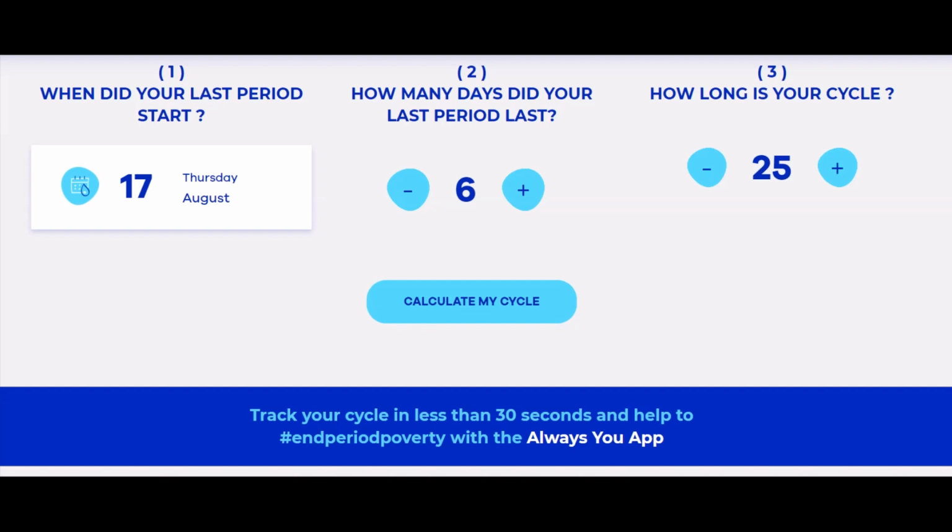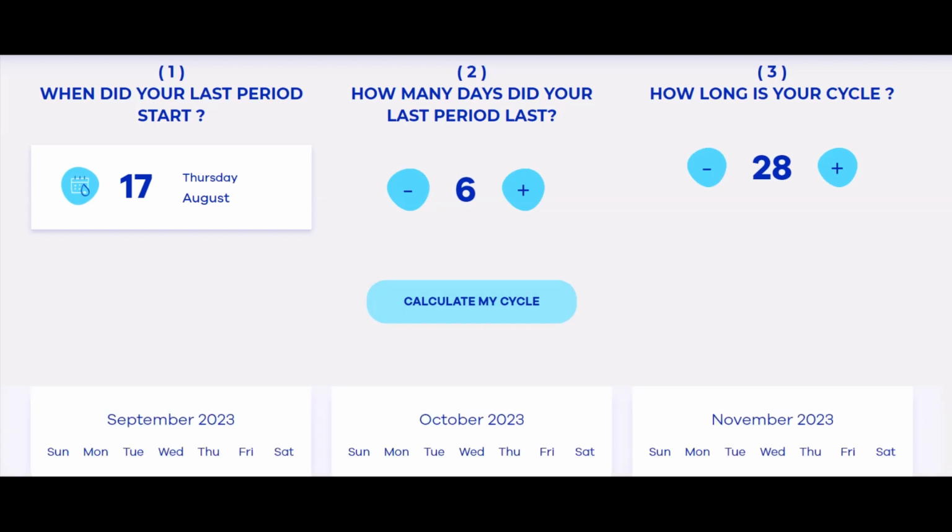So on average, the menstrual cycle lasts for about 28 days. So I would be picking 28 days. So last period started 17th, 6 days duration, menstrual cycle 28 days. Now I'm going to click on calculate my cycle.